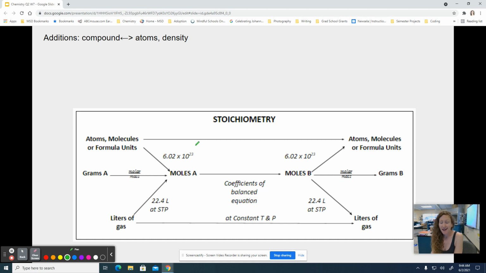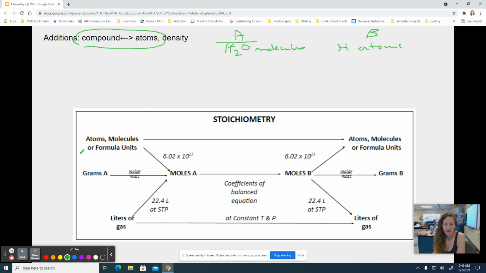Let's talk about what's not on here, or what is kind of on here, but it's a little tricky to see. First of all, this conversion between compounds and atoms. Let's say we have water. H2O is our formula. So water is going to be our A. There is a conversion between water and, let's say, hydrogen atoms. So water molecules or hydrogen atoms.